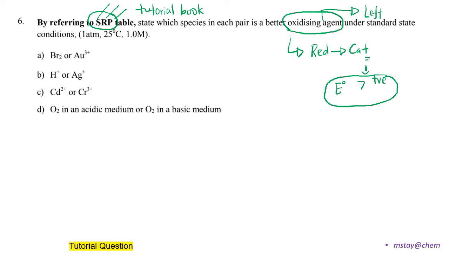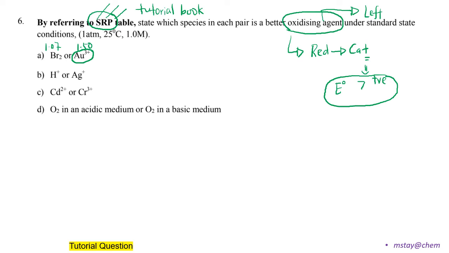The electrode potential for bromine is 1.07, while Au3+ is 1.50. Between these two values, 1.5 is more positive. So Au3+ is the oxidizing agent in this cell.